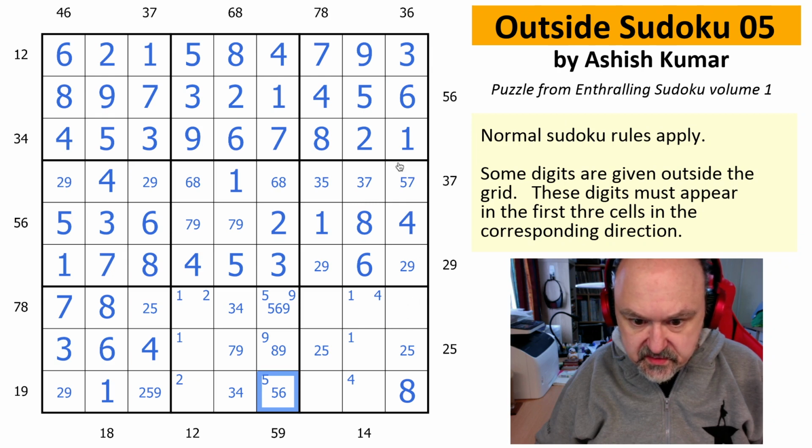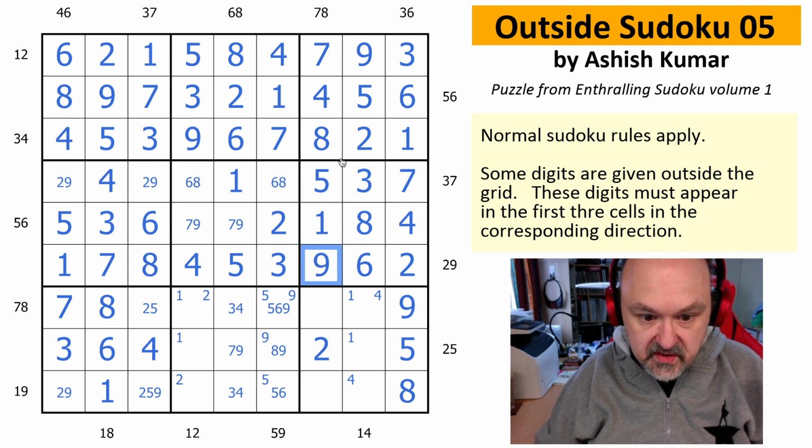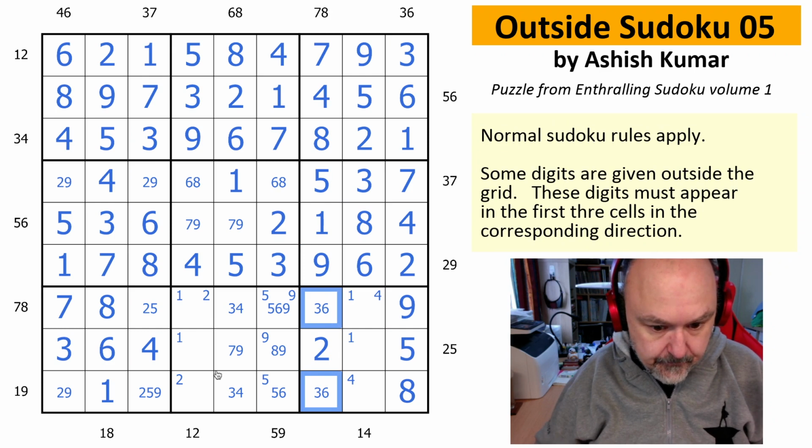So this is 2, 5, 7 and 9, so it's 2, 5 and 9. It can't be 2 and 5 because there's a 2, 5 in the box. It becomes a 9, that becomes a 2, that becomes a 5, that becomes a 2, that becomes a 7, that becomes a 3, that becomes a 5, that becomes a 9. Not in this column now is 3 and 6, so that's a 3, 6 pair.